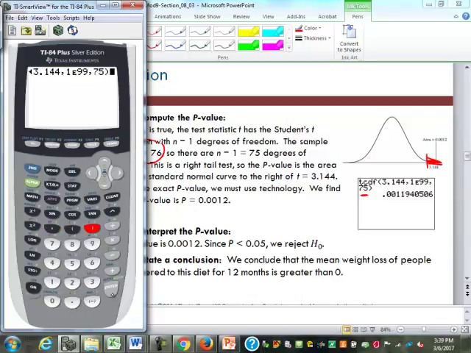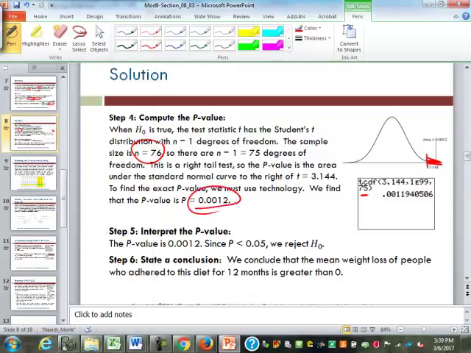Sample size of 76, so 76 minus 1 is 75 degrees of freedom. We get 0.00119, which is what they got. I'd probably round that to 0.0012, which is what they did. That p-value is less than alpha of 0.05, so we will reject H0. So we conclude that the mean weight loss of people who adhered to this diet for 12 months is greater than 0.